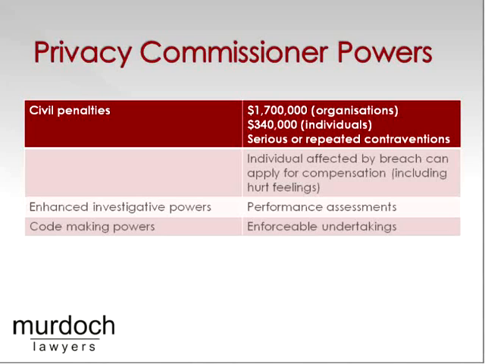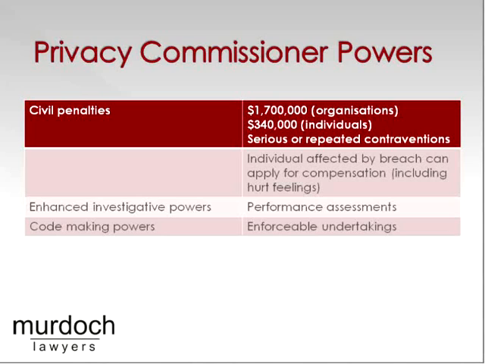One of the most important changes were the enhanced powers given to the Privacy Commissioner, and there's been a lot of press about the increase in the fines faced for serious or repeated contraventions. So the maximum for an organisation is now $1.7 million, and for an individual it's $340,000.